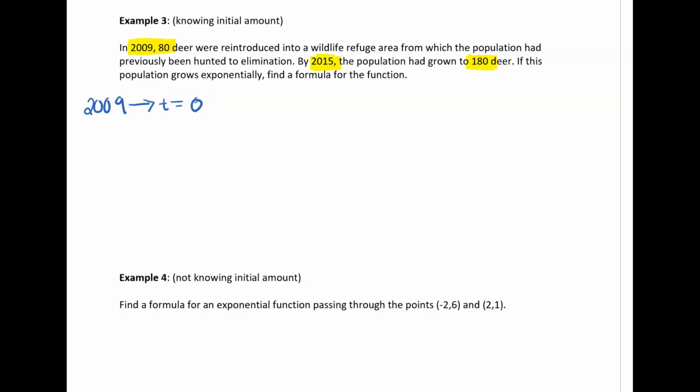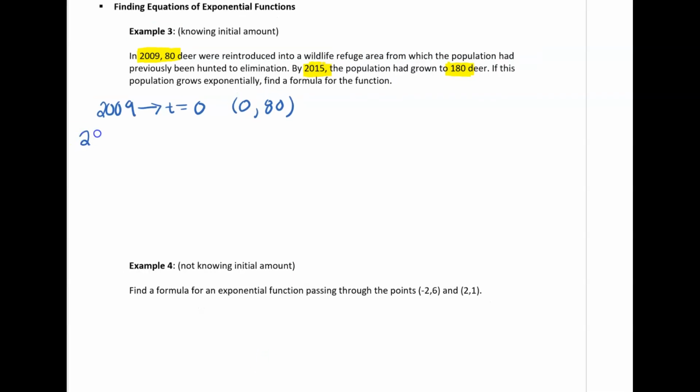And so if I wanted to create 2 points from that, I could say that's 0, 80, working with the population and the y value. And then in 2015, that's going to be 6 years later, so that means t equal to 6. So then we're looking at the pair 6, 180, just pairing up our time with our population.